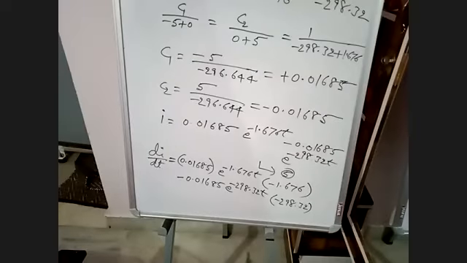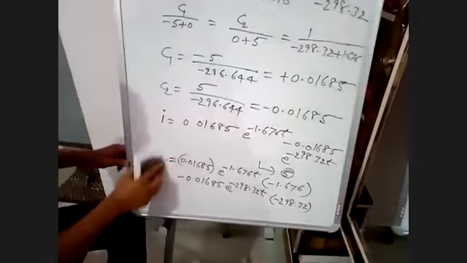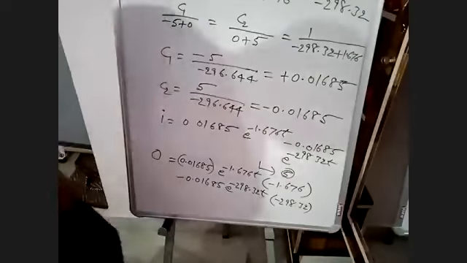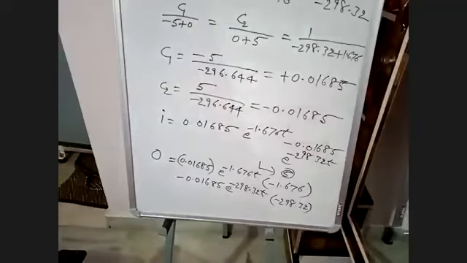Now in the next step, make dI by dt equal to 0. Take dI by dt equal to 0 to get the maximum current.